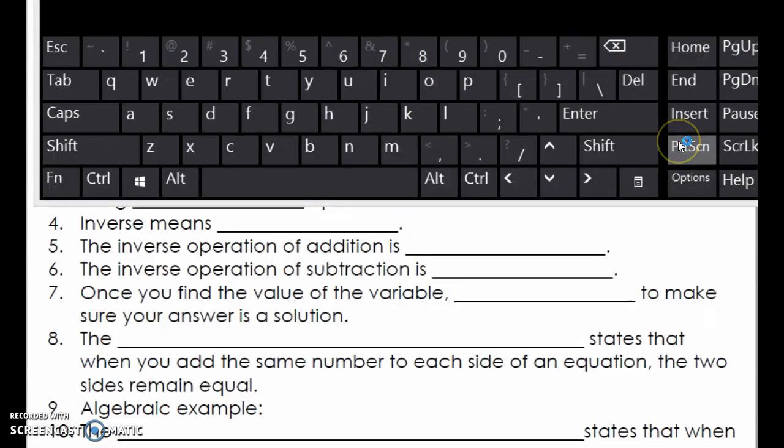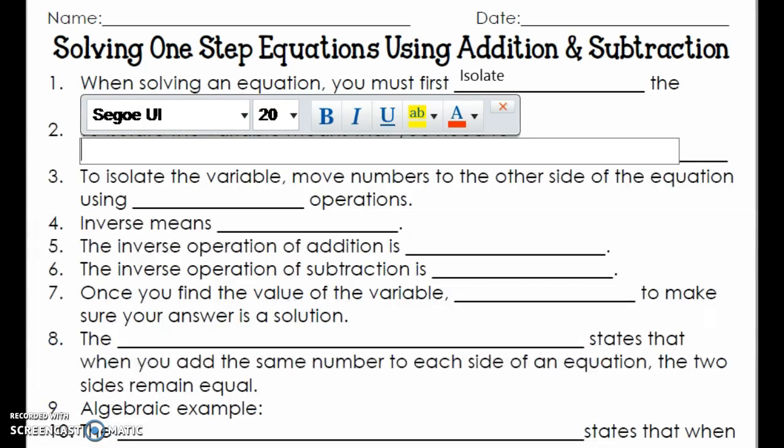If you think about it, last year, every single time you solved for the unknown, for a variable, your teachers would always remind you to get the variable by itself. That's what it means to isolate. So get the variable alone or by itself.